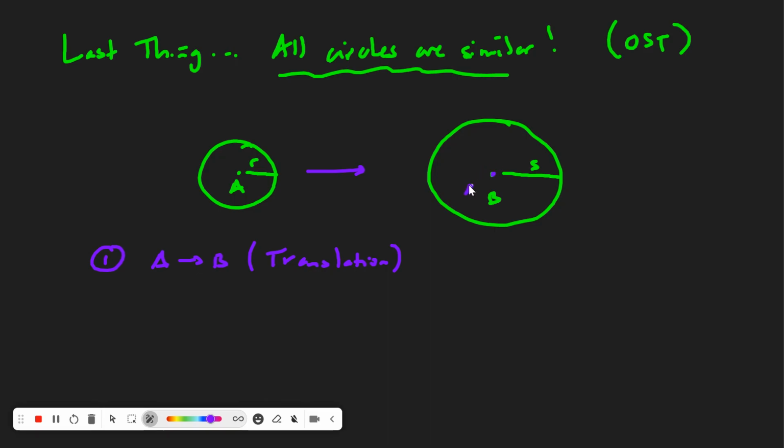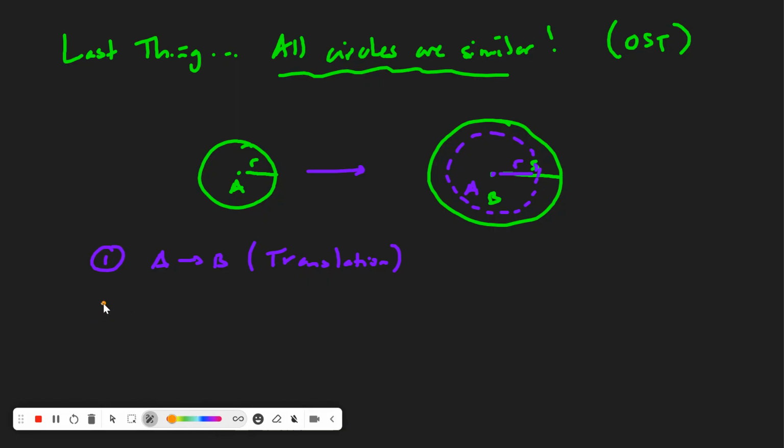So A and B would be the same point, but now circle A is smaller than circle B. It would look like this, and this would be your radius of r. We call these circles concentric because they have the same center.